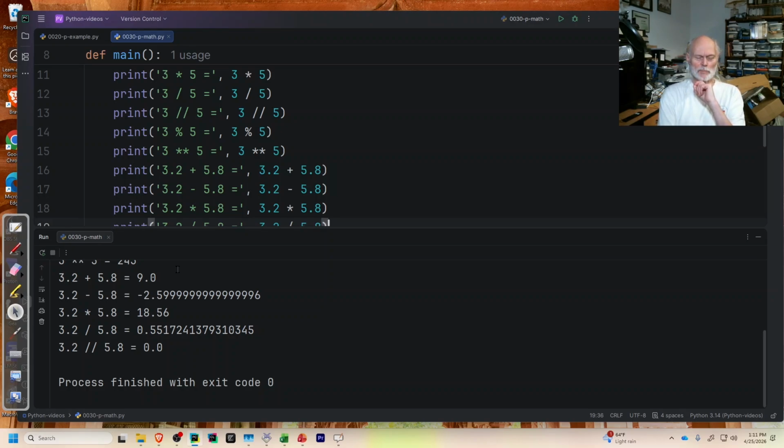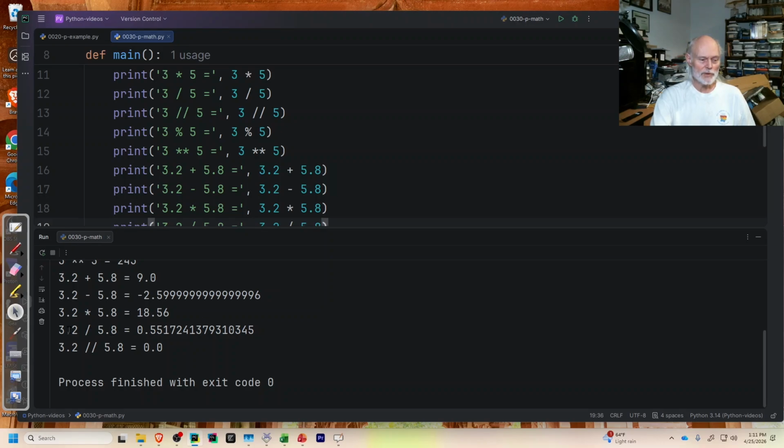These really long numbers are due to rounding because of the way those numbers are actually stored. They're stored in an IEEE format for floating point numbers, and so there are rounding errors. In this case, instead of the minus 2.6 that we expected, it generated 0.59999s.